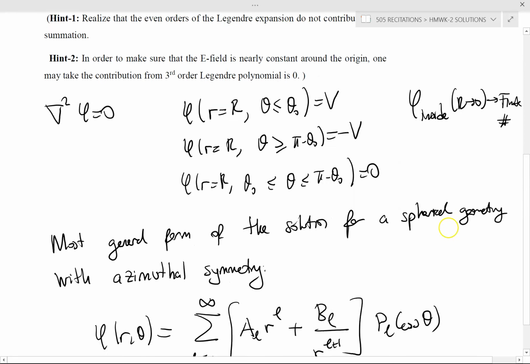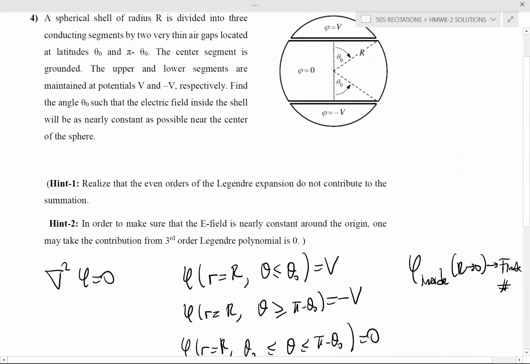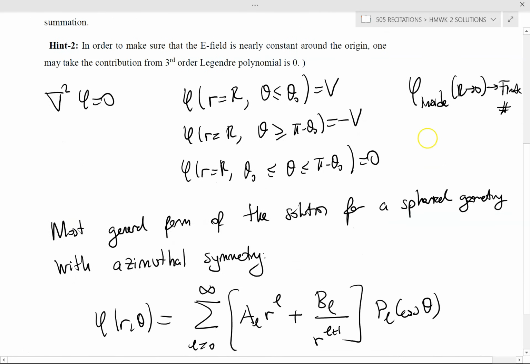So once we are close to the solution of this sort of geometry with these given boundary conditions, we need to modify. We need to choose the coefficient such that the potential's derivative, the gradient of the potential, is nearly constant in the neighborhood of the origin. Okay, that's the idea.